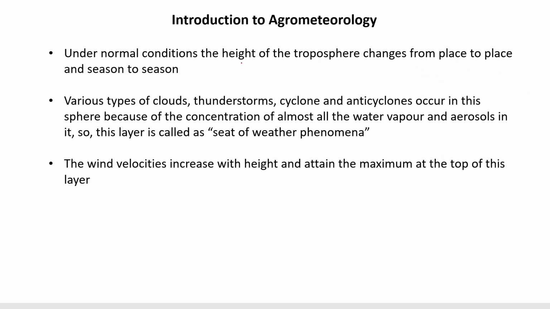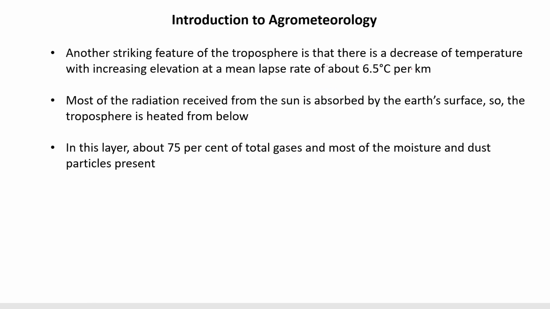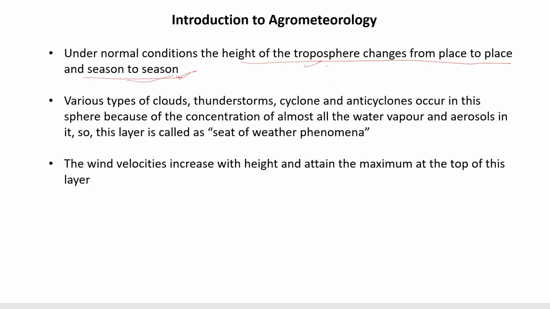Under normal conditions, the height of the troposphere changes from place to place and season to season. Various types of clouds, thunderstorms, cyclones and anticyclones occur in this sphere because of the concentration of almost all water vapor and aerosols in it. So this layer is called the seat of weather phenomena.